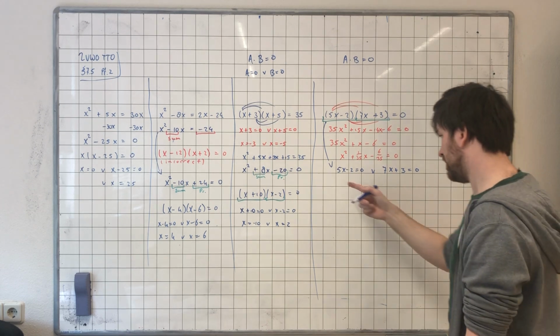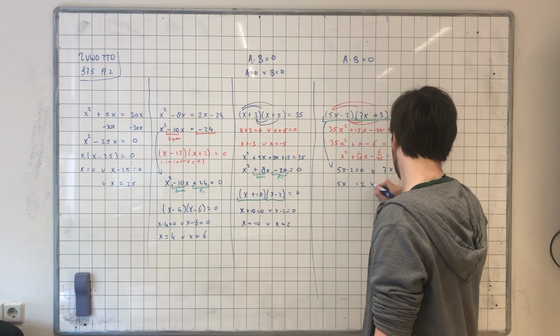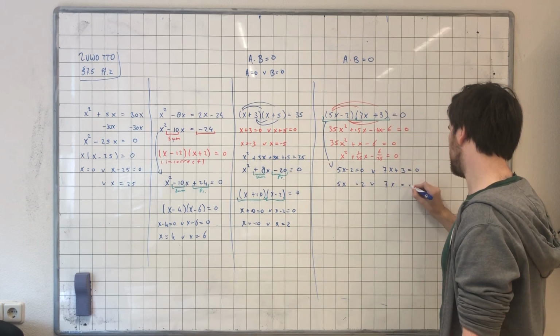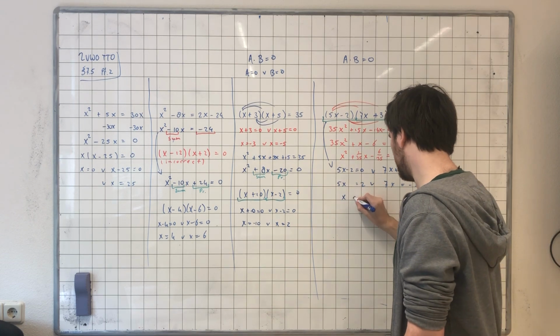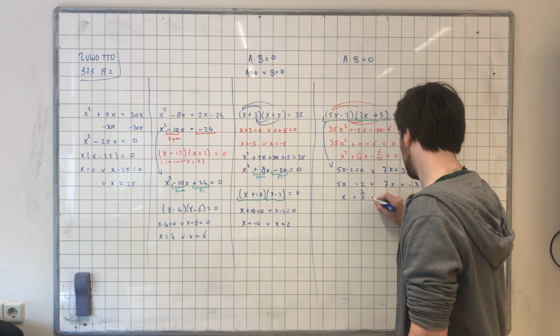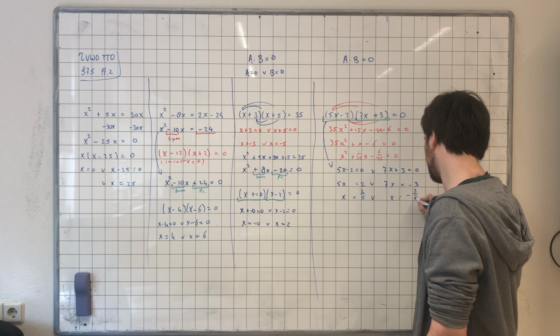Which means that 5x, we have to use the balance method over here, is equal to 2, or 7x is equal to minus 3. So x is equal to 2 over 5, or x is equal to minus 3 over 7.